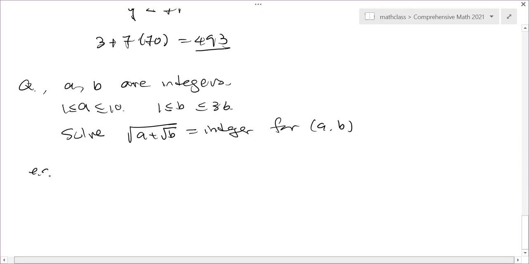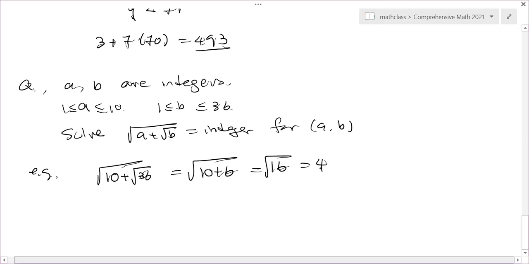For example, when A equals 10, B equals 36, this is indeed an integer: the square root of 10 plus 6... it's the square root of 16, which is 4. I just give an example, right?